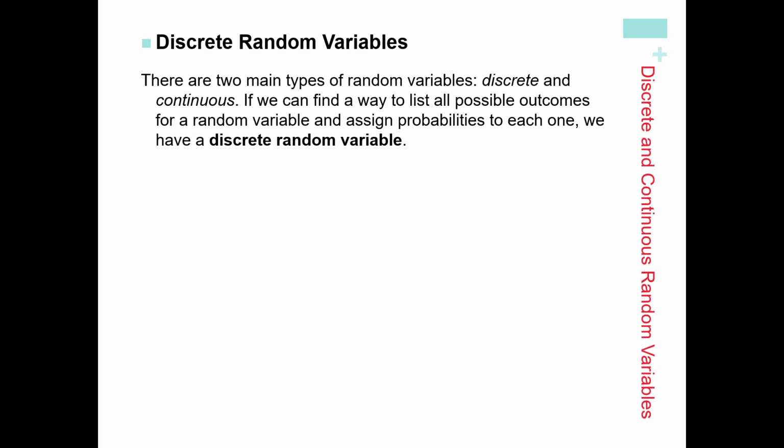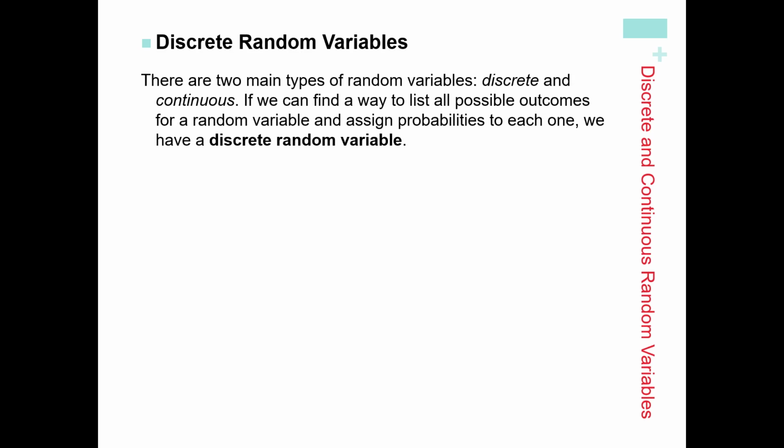There are 2 main types of random variables. First you have your discrete random variables, and this would be one where you can list all possible outcomes for a random variable and assign probabilities to each one. Our number of heads in the last example was a discrete random variable because the outcomes were 0, 1, 2, and 3.